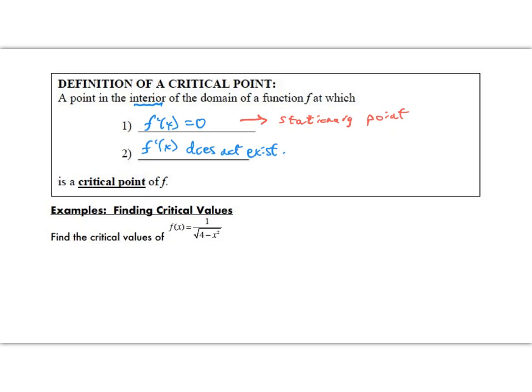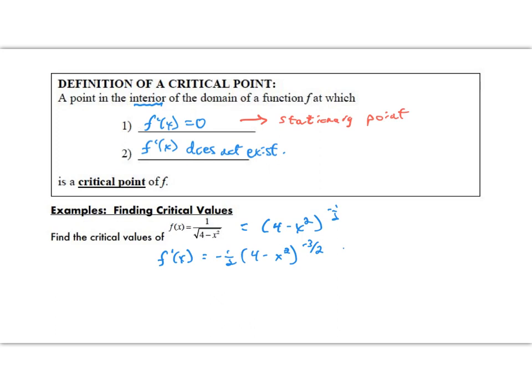And I could rewrite this example with a negative exponent because that's just going to be so much easier to do when it comes to taking the derivative. In order to find critical values, I need to find the derivative and then analyze that. So as I go to find f prime of x, I'm going to do my power chain rule here. So negative 1/2 times 4 minus x squared to the negative 3/2 when I drop that power by 1.